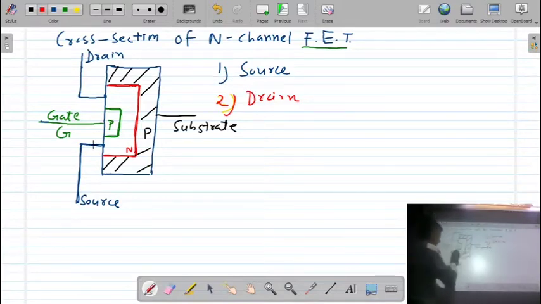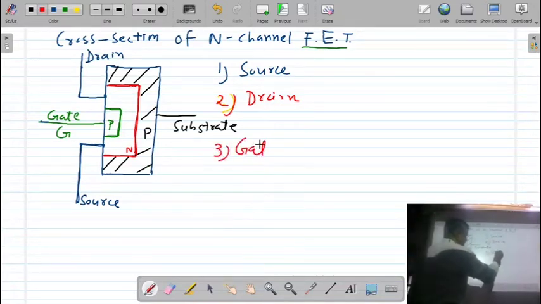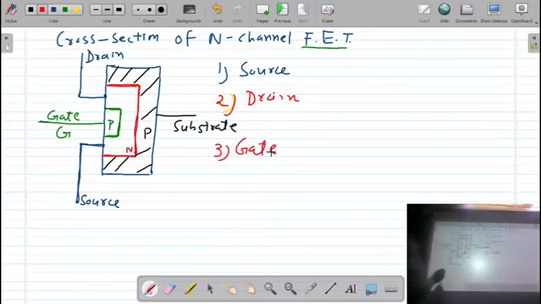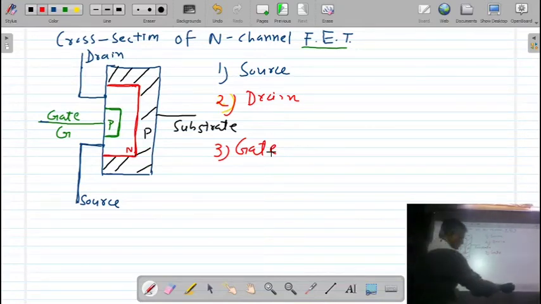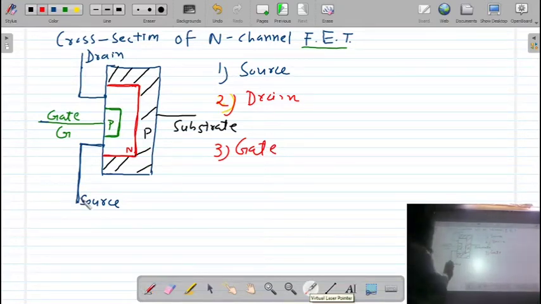First terminal I am showing you is source, second is drain, third is gate. So FET is a three-terminal device.